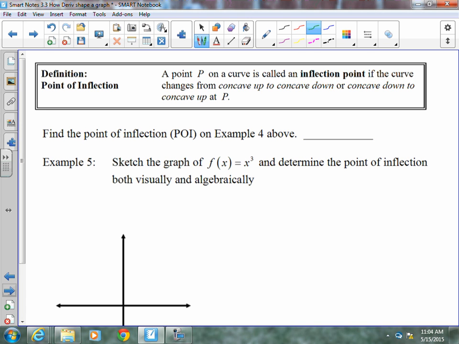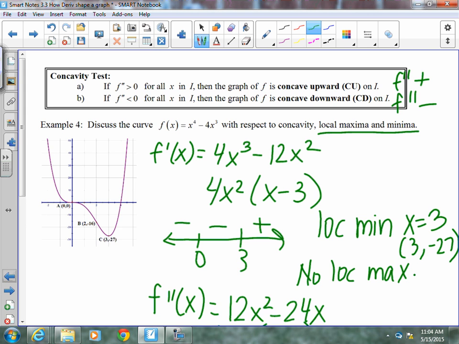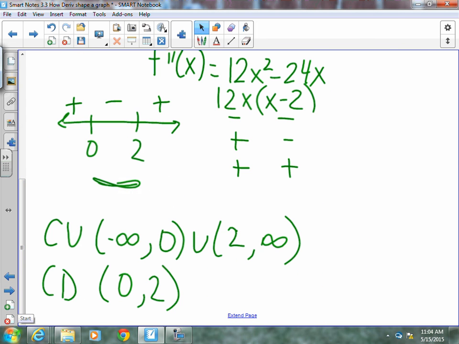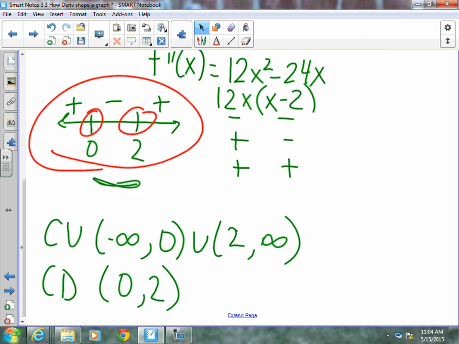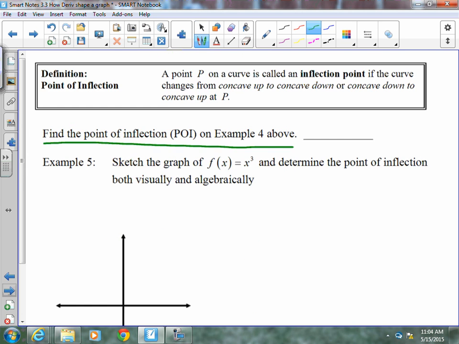If you look back, you want us to find the point of inflection at example 4. Look at example 4. If you notice on this graph that it changes at 0 and at 2, then we know that our points of inflection occur when x equals 0 and when x equals 2. And we could, if we needed to, they're not necessarily asking for it, find those y values using our original function.